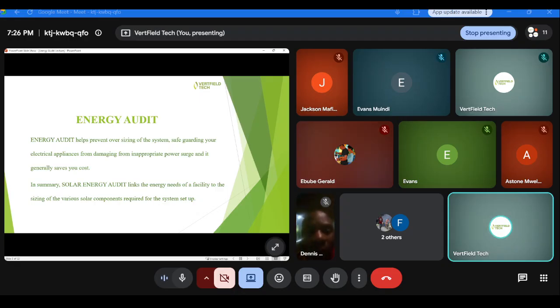Two, it helps you safeguard your electrical appliances from damage. And three, it saves you cost. Firstly, we are going to look at how it helps you prevent oversizing of your system and connect it to how it saves you cost. In the long run, we will bring in how it provides safety and security to your solar system.